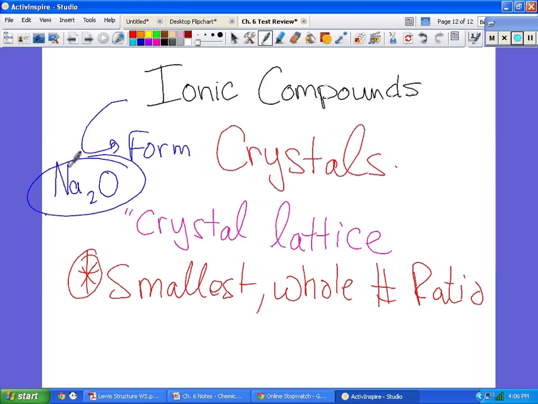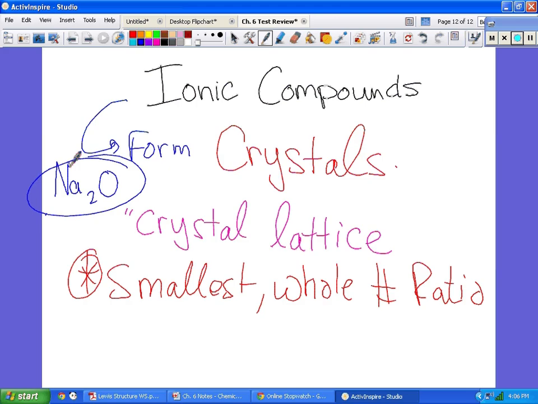Why? For every 1 oxygen there are 2, so you double it. What if I gave you 40 sodiums? How many oxygens? 20, because it's half. Every time I give you 2 sodiums, I give you 1 oxygen.